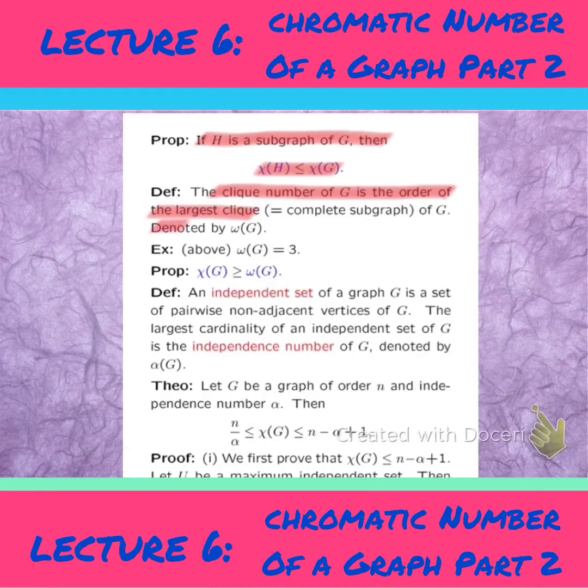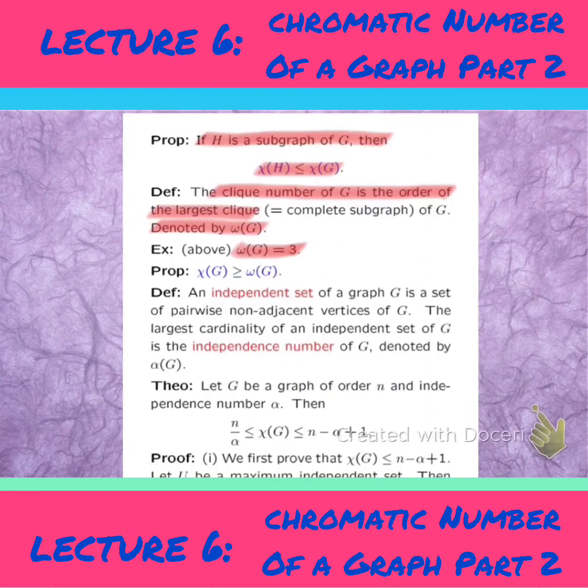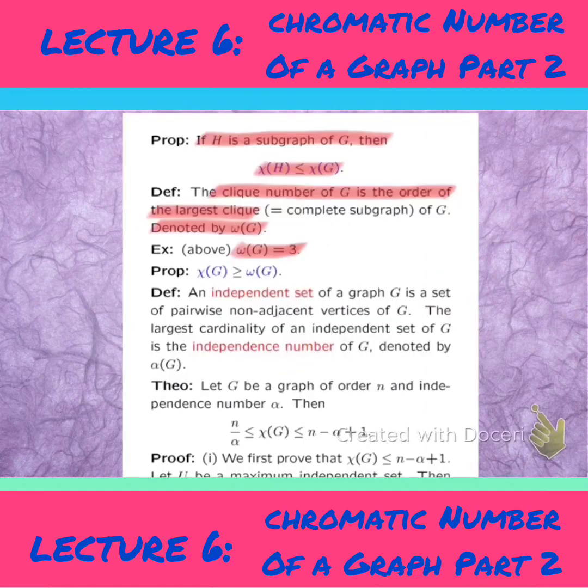It's denoted by ω(G). In the previous example we did, if we go back there, what's the cardinality of the largest clique? Obviously, the largest complete graph you get here is C3. Okay, so the clique number of G is 3.